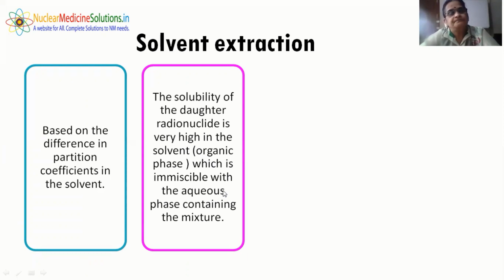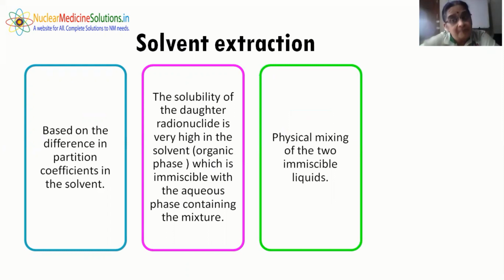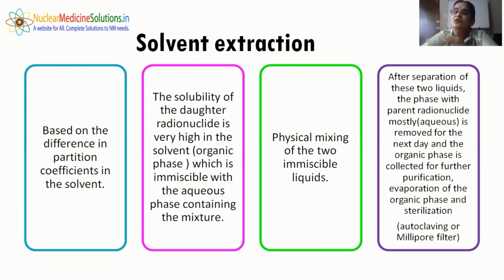in a polar or inorganic phase. Now, you mix both of these for some time, which is physical mixing of the two immiscible liquids. Then when you leave it for separation, because of their immiscibility, they will make two distinct separate layers.